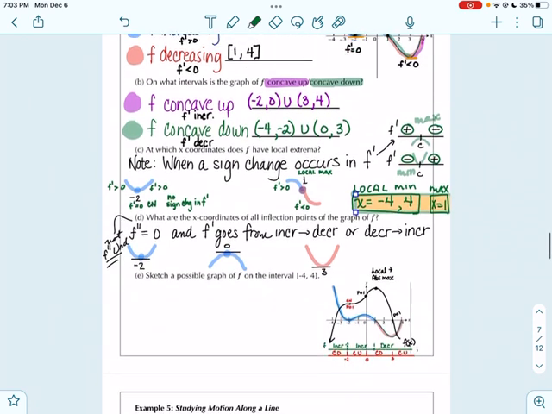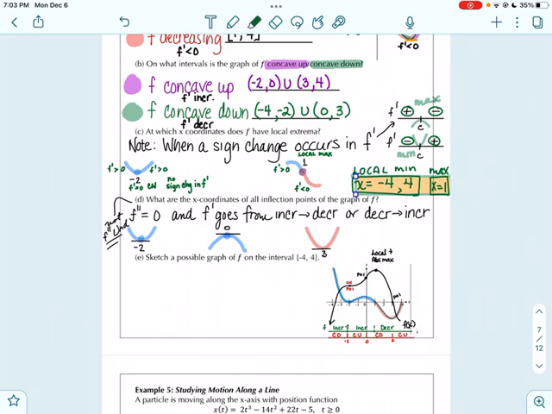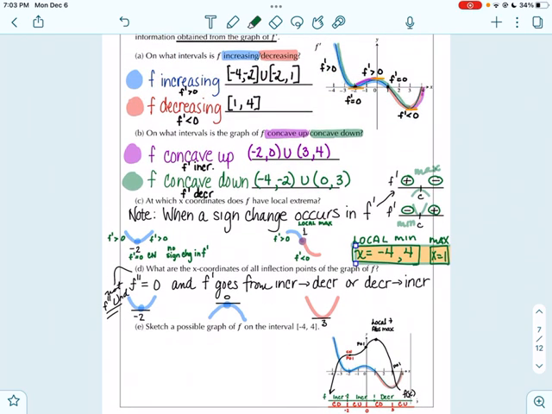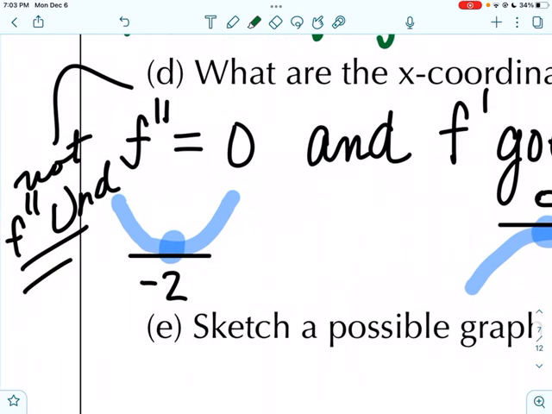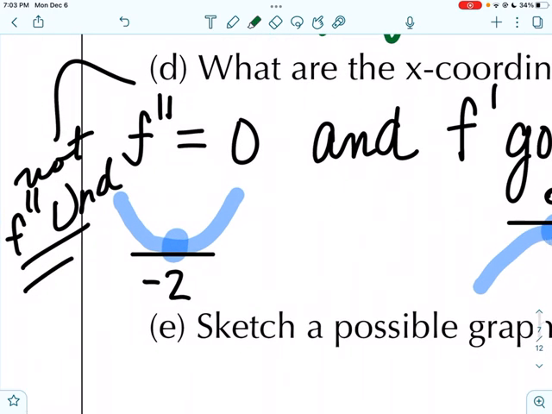All right, and then you have, what are the x-coordinates of all inflection points of the graph? It's where f double prime is equal to 0, and f prime goes from increasing to decreasing or decreasing to increasing. Now, if you're looking at the graph at -2, what happens? It looks like f prime goes from decreasing to increasing. So it looks like f double prime is equal to 0.